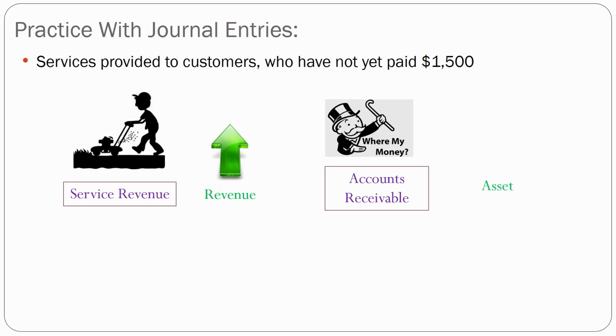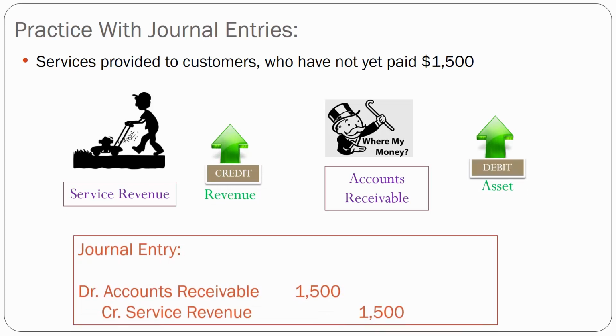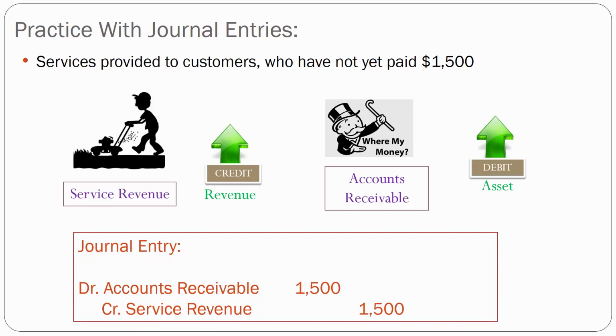Accounts receivable is an asset, and that is also increasing because we have the right to collect that money, right? We're just waiting for our customers to pay us. And so to increase a revenue is a credit, and to increase an asset is a debit. And so our journal entry would be a debit to accounts receivable for $1,500 and a credit to service revenue for $1,500.